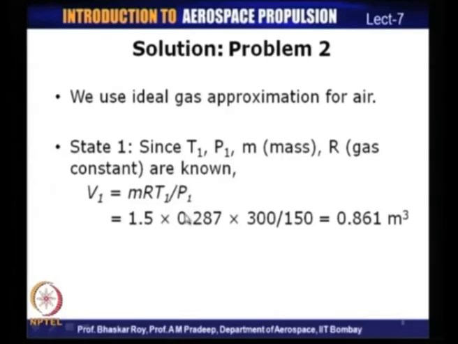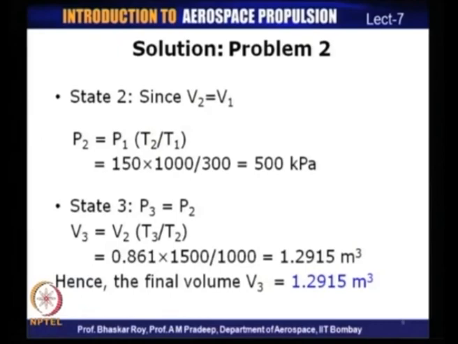This is from the state equation, PV equals mRT. Here 1.5 kilograms is the mass, R is the gas constant, T1 is the temperature, and P1 is the pressure. Substituting these values, the volume at state 1, V1, is 0.861 meter cube.